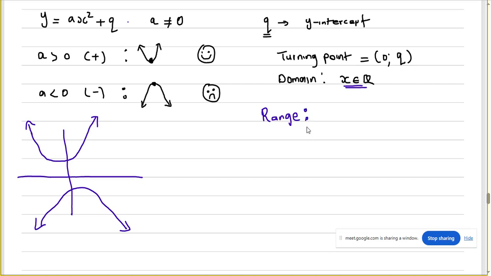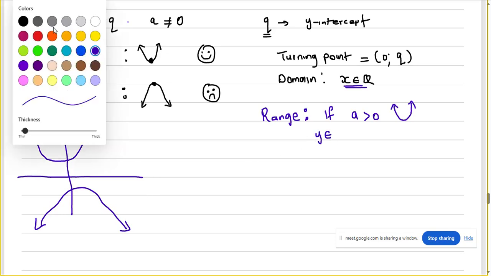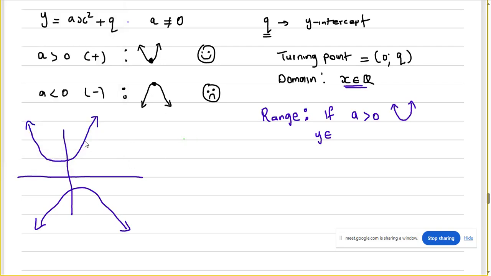The range depends on the value of a. If a is greater than 0, your graph will be concave up. You remember, right? So the range will be y must be an element of... This top graph that you see here is a happy face, a is greater than 0.